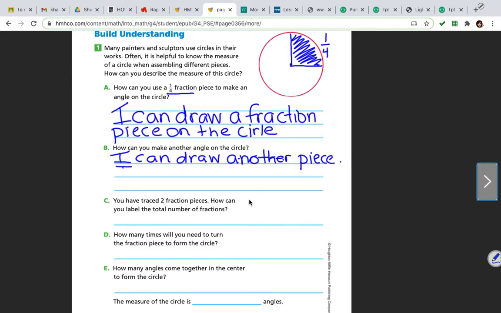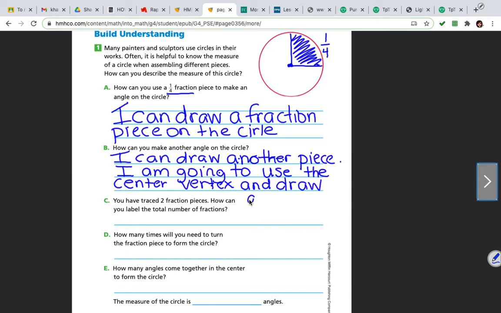I am going to use the center vertex, and that would be the dot in the middle, so this is the center vertex. I am going to use the center vertex and draw another one.